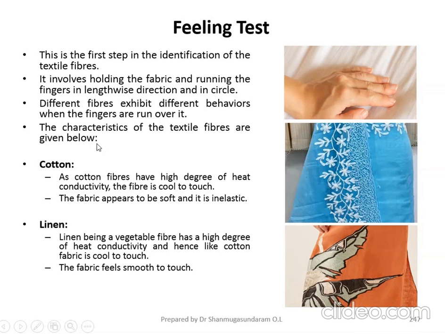What type of feel may you observe while running your finger along the lengthwise direction as well as in a circular manner? Suppose you take cotton fabric, what may you observe? As cotton fibers have a high degree of heat conductivity, the fiber is cool to touch.